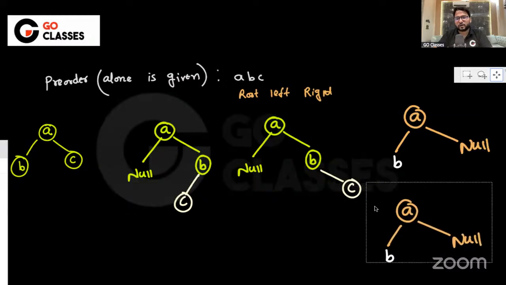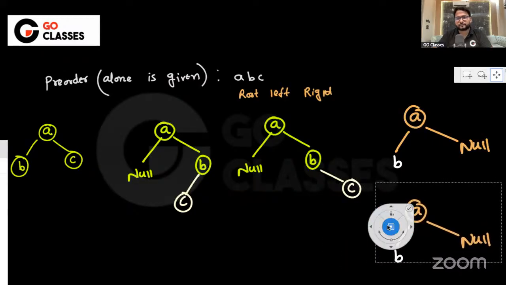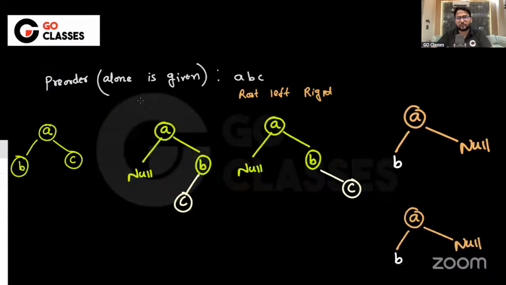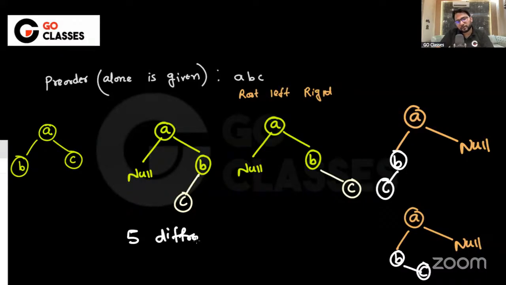So here the C could be on the left or could be on the right. So these are the 5 different trees possible.